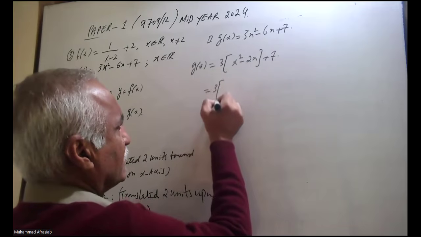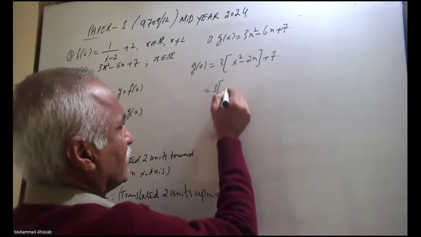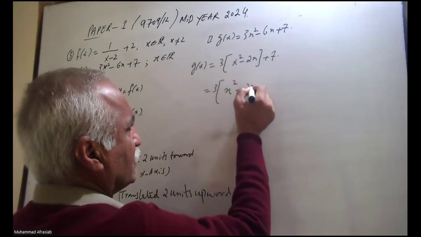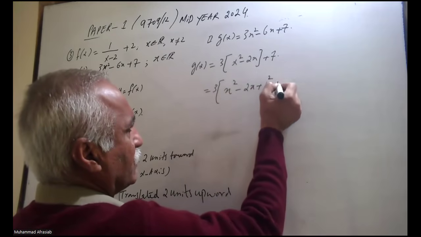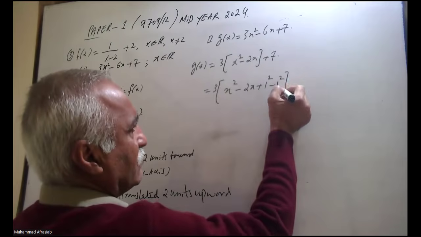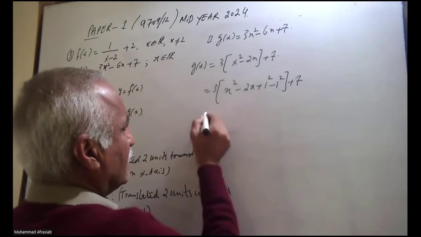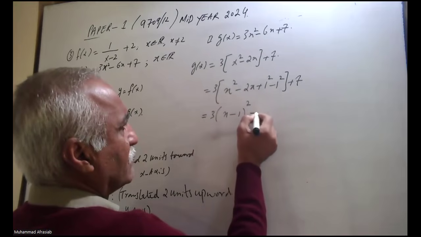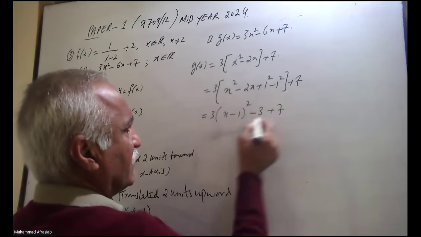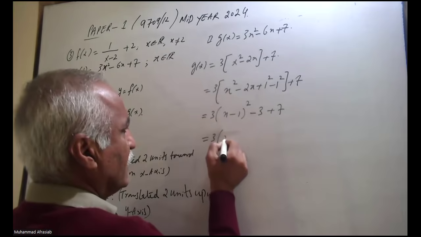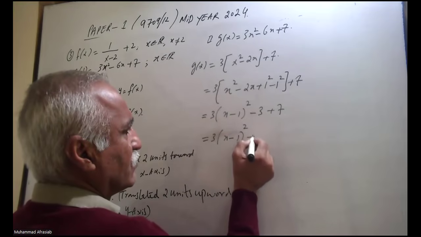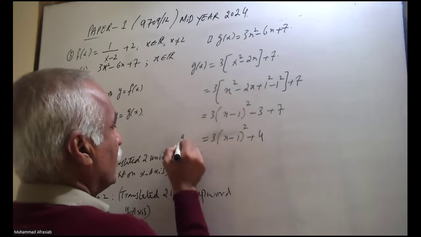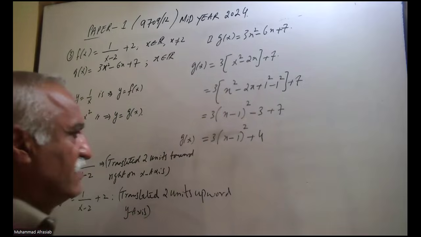Here we can use the completing square method: x square minus 2x plus 1 square minus 1 square plus 7. This will become 3 times x minus 1 whole square minus 3 plus 7. This will become 3 into x minus 1 whole square plus 4, which is g of x.